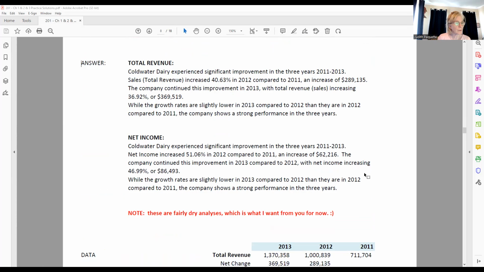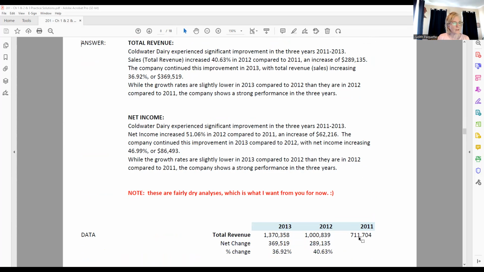Okay, so here we are, Coldwater Dairy. Let's look at those numbers. Here were 2011 sales, 2012 sales, 2013 sales. The 289,135 is equal to the 2012 sales minus the 2011 sales. The 40.63% is calculated by taking that 289,135 divided by the previous year.